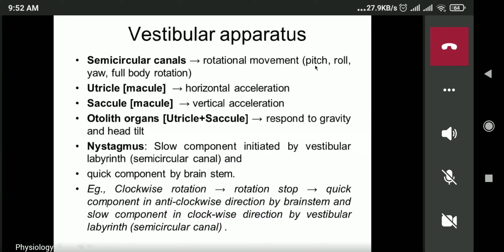Now, if you go up and down in a lift, what will the hair cell movement be? That is vertical acceleration. Those hair cells are in the macula of the saccule. So saccular hair cells are stimulated by vertical acceleration.